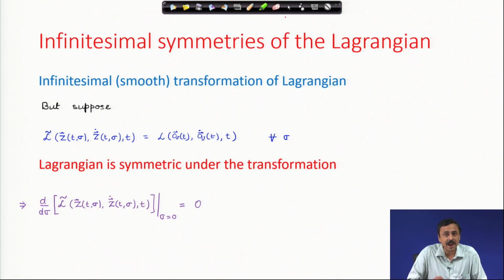Now, this variation at sigma equal to 0 being equal to 0 means that the Lagrangian is symmetric under this transformation from q to z.